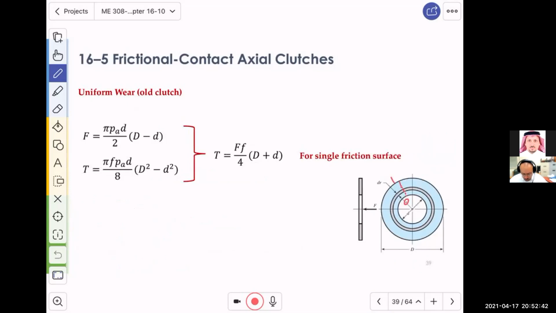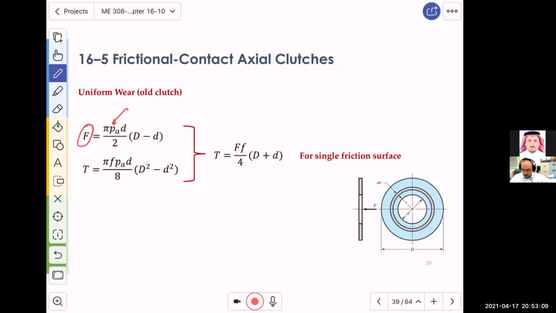Without going into the derivation, as I expressed earlier, I'm giving you the final expression for F, the actuating force, which will generate the maximum pressure PA. Remember, this maximum pressure is the maximum that the frictional material can take.